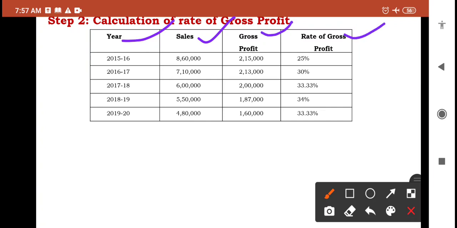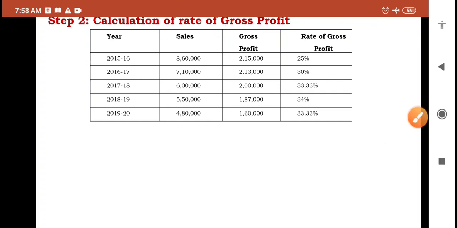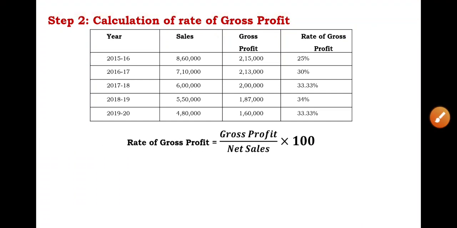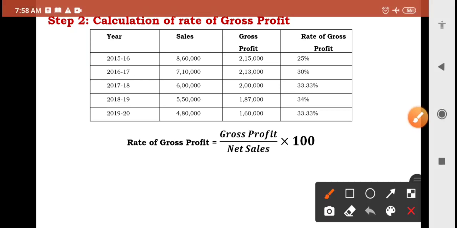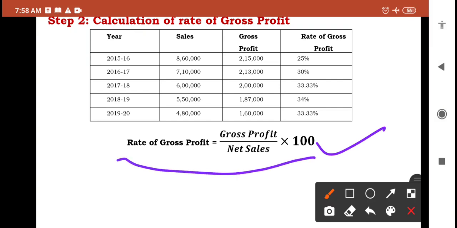We already know the formula. The formula is: rate of gross profit equals gross profit divided by net sales into 100. This is the formula to find out the rate of gross profit. Now we'll start with 2015-16.